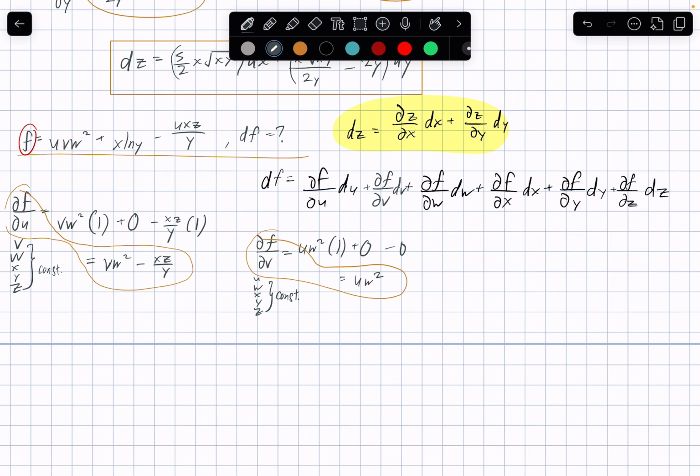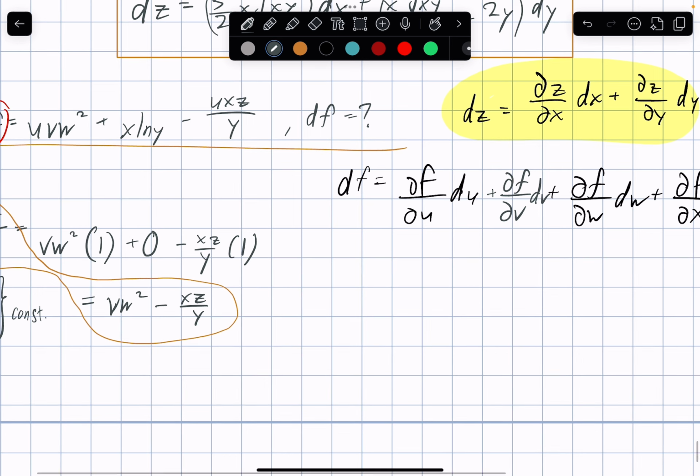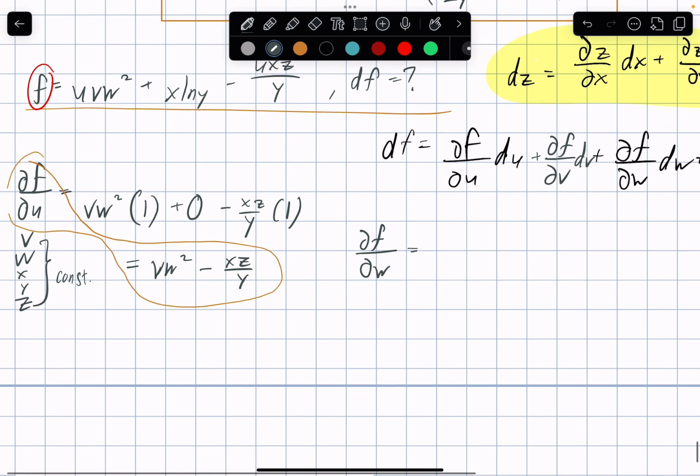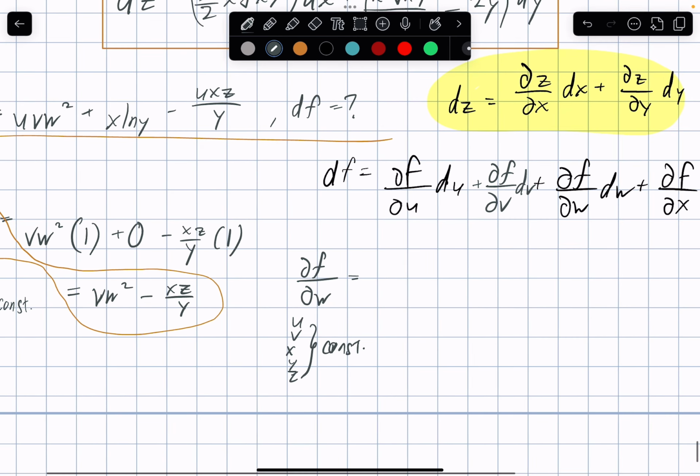I hope at this point you're grasping a certain pattern. This time, the third one, partial f over partial w. u, v, x, y, z are all constants this time. Oh wait, u and v are constants.